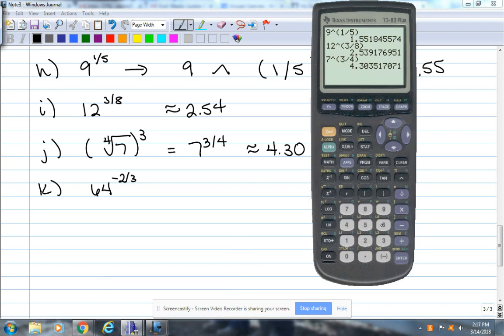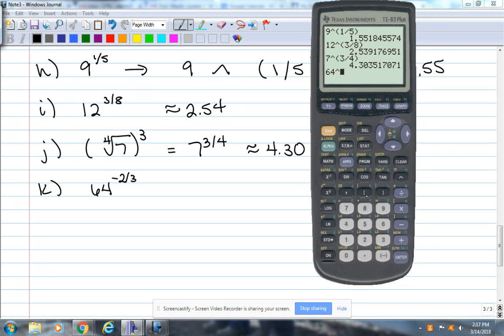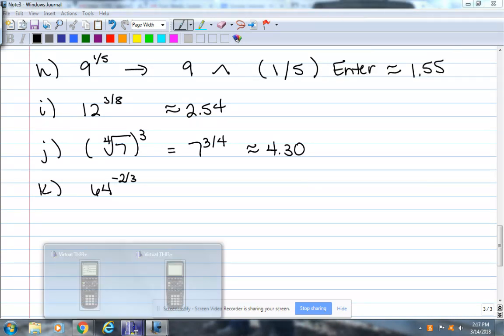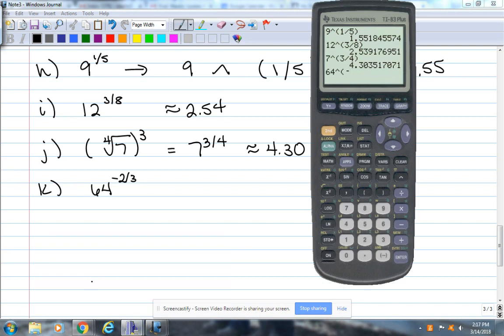So you're going to hit 64. We'll see if we get the same thing. So I'm hitting 64 rooftop parentheses. Use the little negative at the bottom. So negative 2. Oh, mine went away. 2 divided by 3.